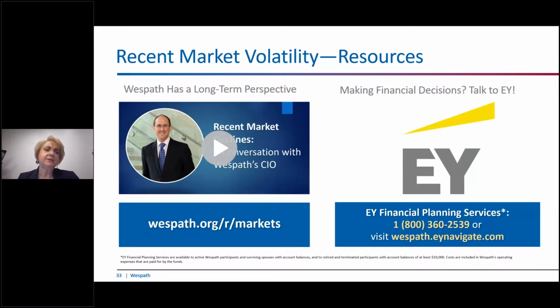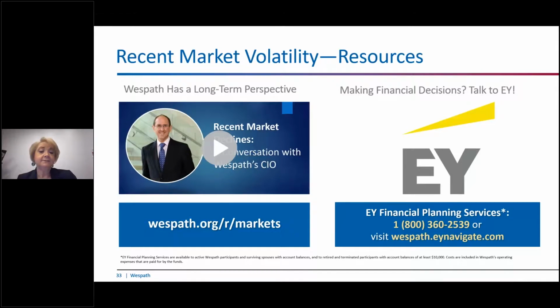But also want to mention the Market at a Glance. We have those that come out monthly, and that does have additional information regarding our funds and what we're doing to help minimize some of those risks. But one of the other best features that we have is EY Financial Planning Services. They can help you through any questions you have as well.